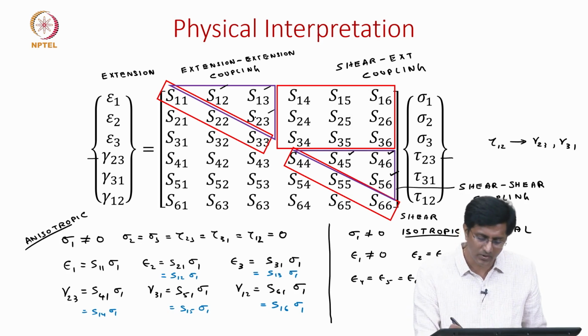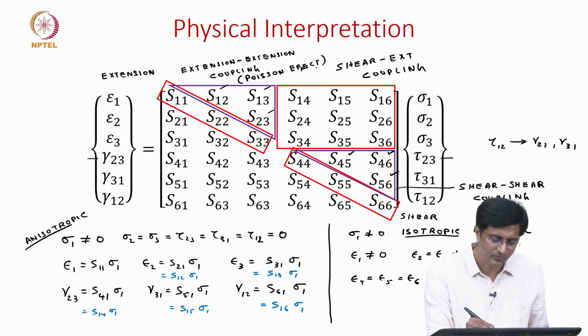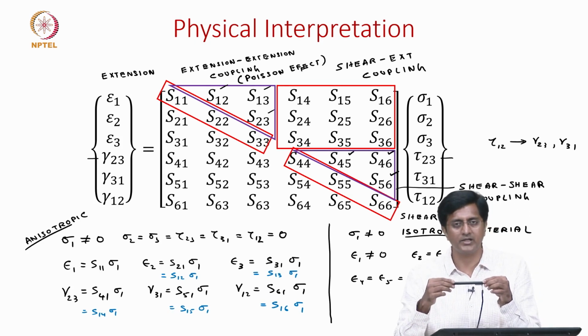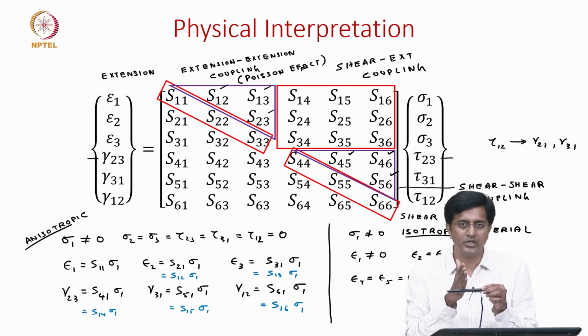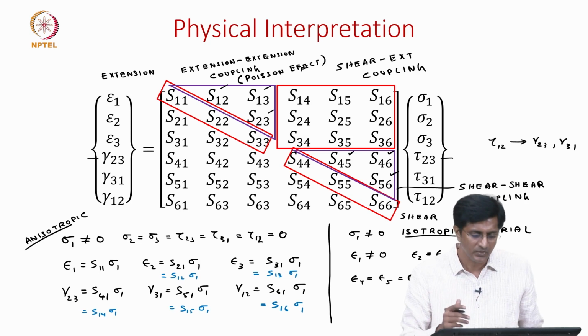But these two small triangles, the top triangle brings in the extension coupling, which we can also call the Poisson effect, where we are saying that if we apply a normal load in one direction, what are the corresponding strains in the transverse directions.